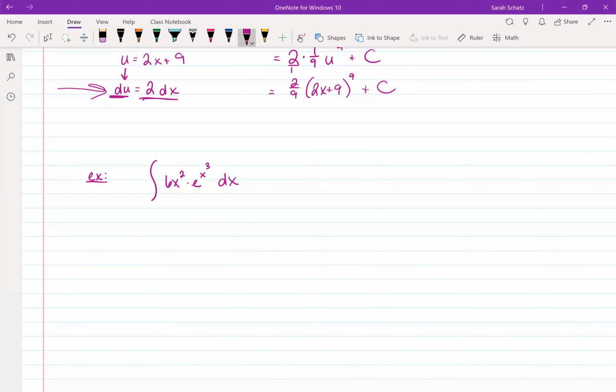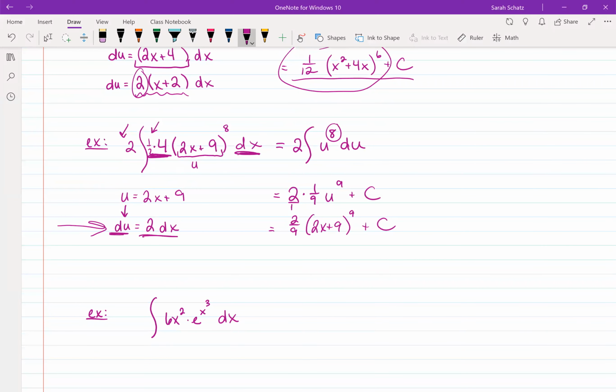Now, the thing that you really need to understand the most when you have the e's is what to call u. So up here, it was really simple. Whatever is in this parenthesis raised to the power, that's always u. It's easy to pick out.